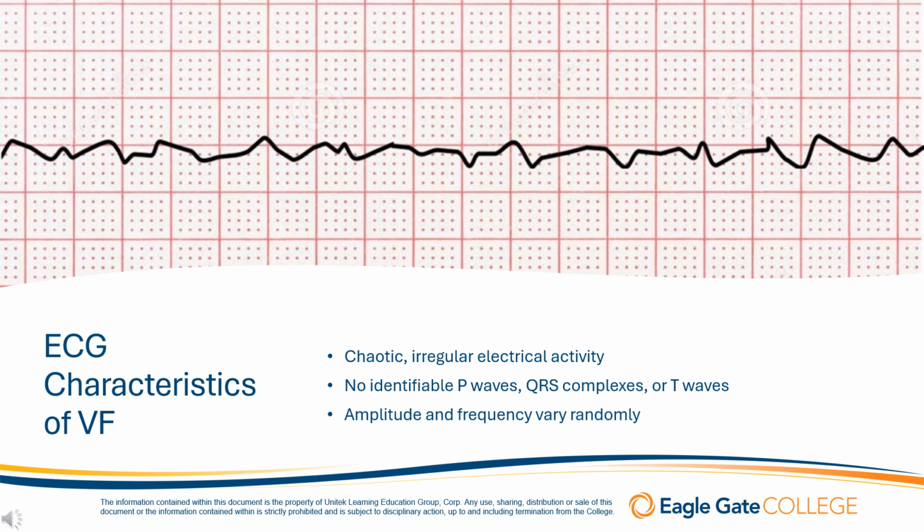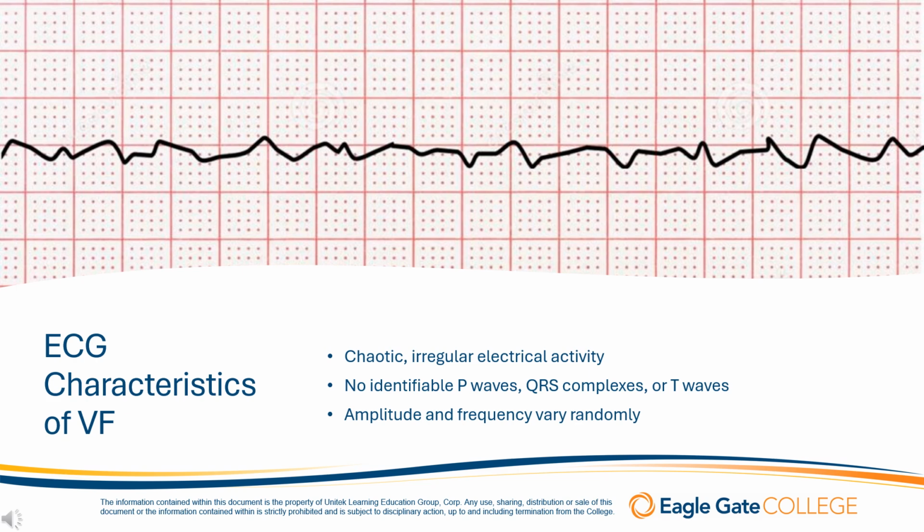However, in VFib, none of these are present. The chaotic electrical activity disrupts the normal conduction pathway, so these waveforms cannot be distinguished. The lack of these identifiable components is because the heart is not going through the usual process of organized depolarization and repolarization. Instead, there is a continuous erratic firing of electrical impulses.